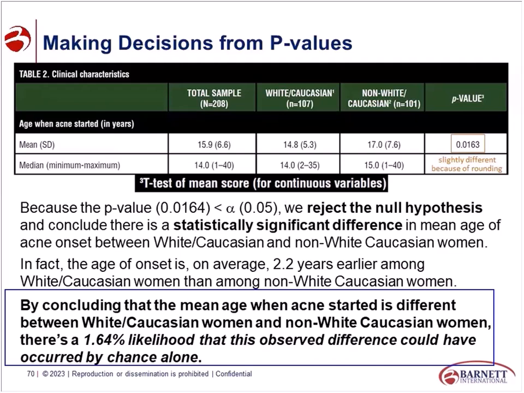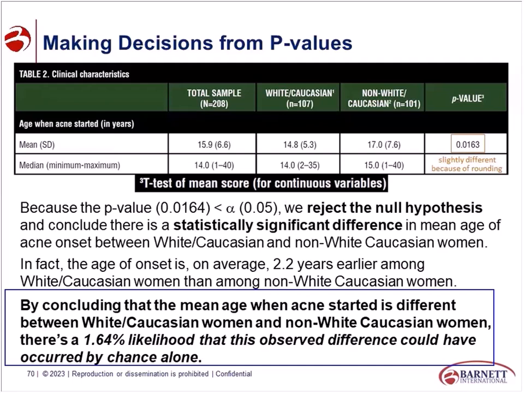Okay, so rather than considering a p-value just greater than or less than 0.05, when we convert the decimal number to a percentage, it actually represents the likelihood of a chance finding. So there's a difference of 2.2, and there's only a 1.64% likelihood it's a chance finding. It's a small chance. And because it's a small chance, it must be a real result.